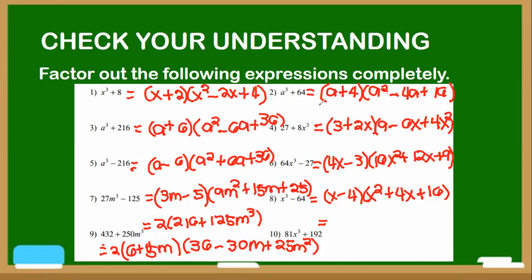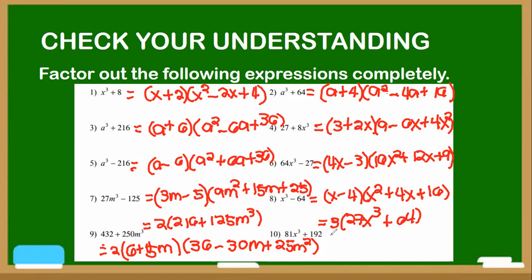The last one is the same. So this is 3 multiplied by 27x cubed plus 64, since 192 divided by 3 is 64. In the last part of our exercise, it's similar to the example a while ago.